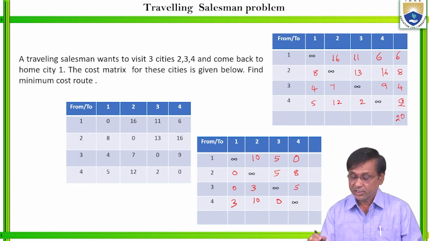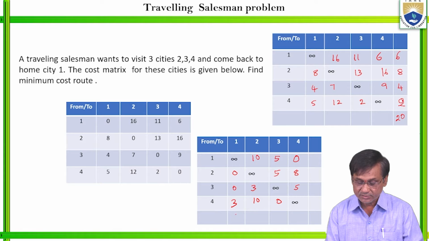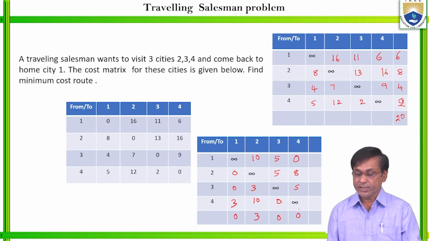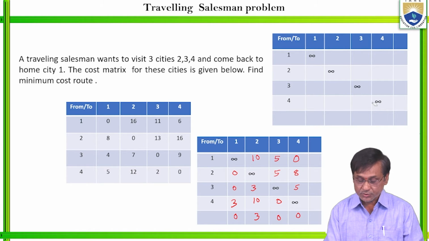After reduction in the rows, next we have to reduce in the columns also. In the columns, what is the minimum element here? This is 0, this is 3, this is 0, this is 0. That means we can reduce only in the second column. The minimum element is 3. After reduction, we get the matrix: the first column will be as it is, infinity, 0, 0, 3, 0.